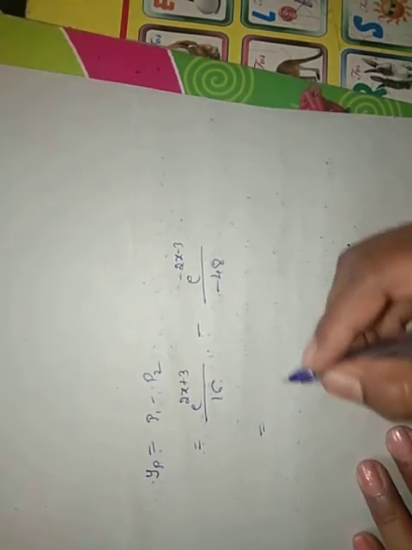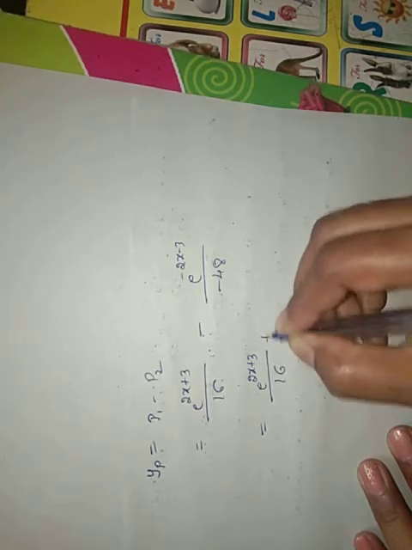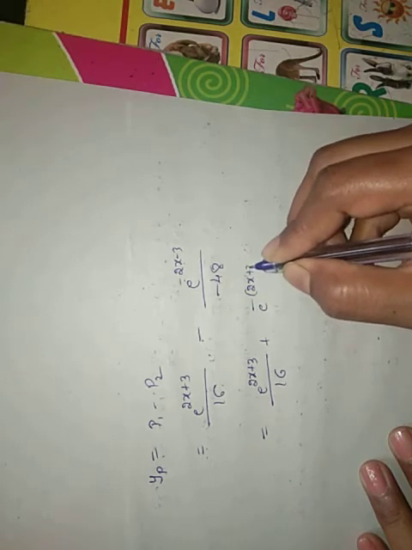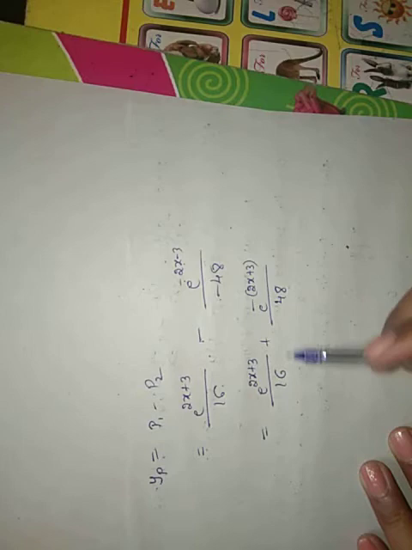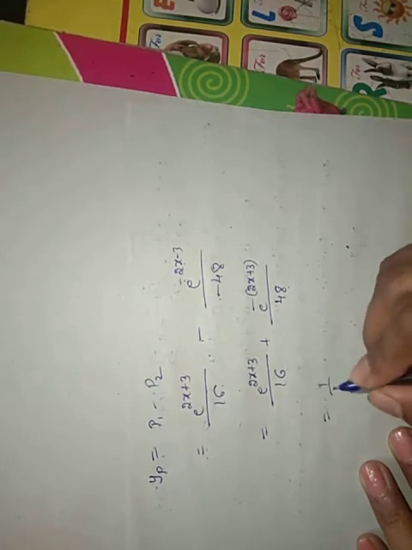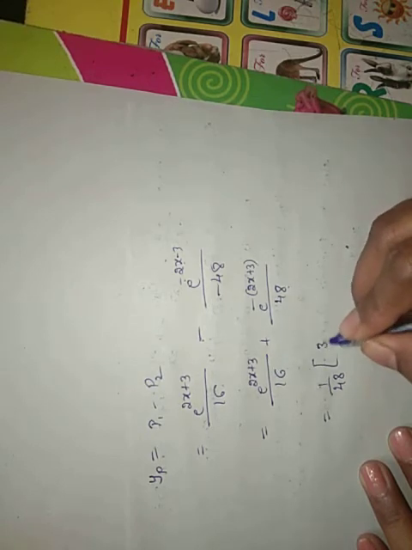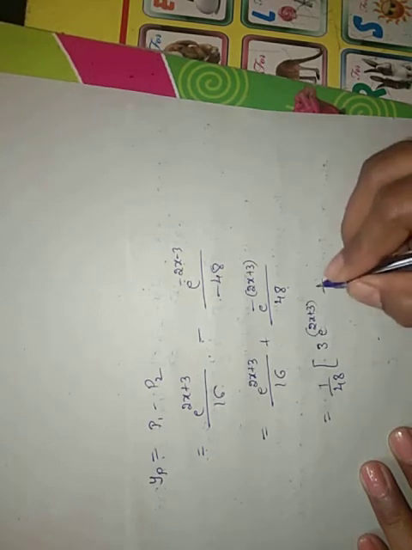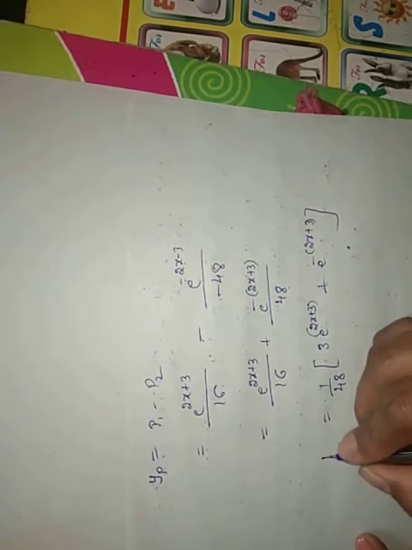Minus of minus is plus. Again take the minus sign common outside, divided by 48. Take 48 as the LCM. Now it becomes 16 into 3: 3 into e raised to 2x plus 3 plus e raised to minus of 2x plus 3. That is our particular integral.